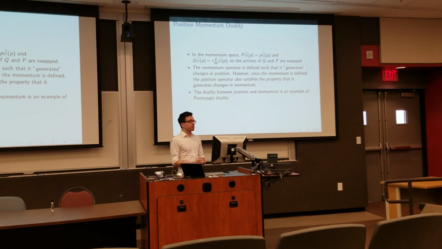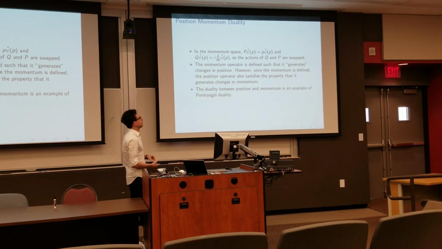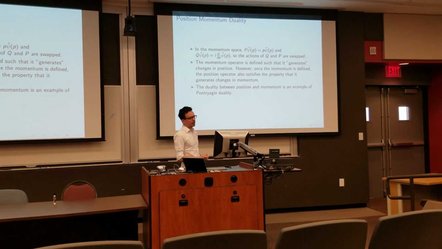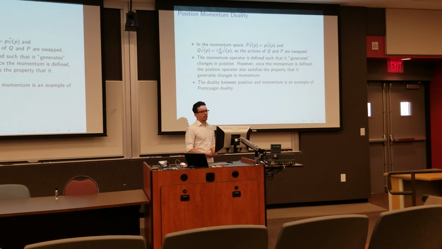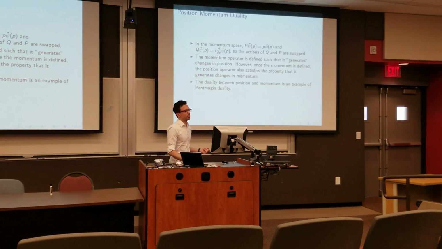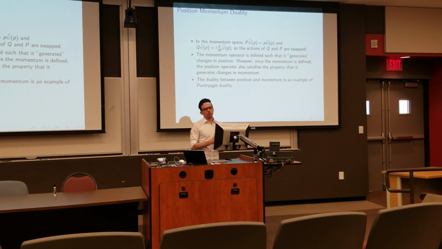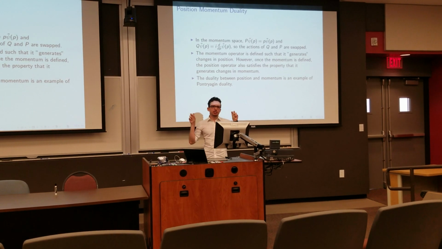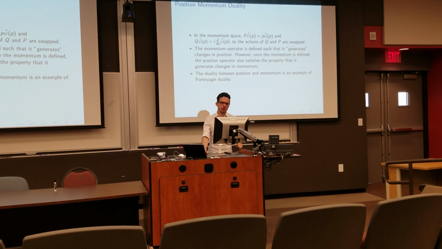In the momentum space, the roles that the position operator and the momentum operator play are reversed. The momentum operator plays the role of multiplication by the constant p, and the position operator plays the role of the derivative with respect to p times i. The way the momentum operator is really defined is that it generates translations, so it generates changes in position, which is an idea that can be made rigorous.